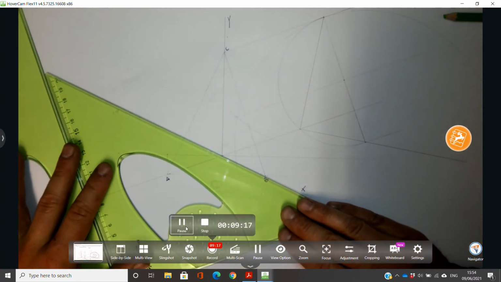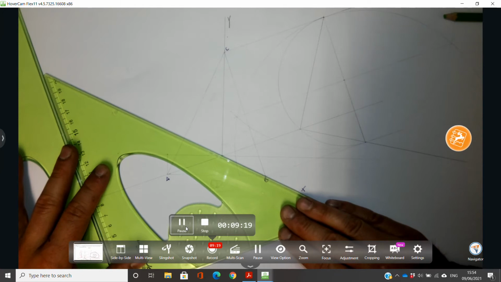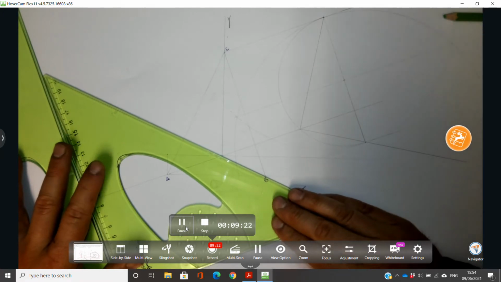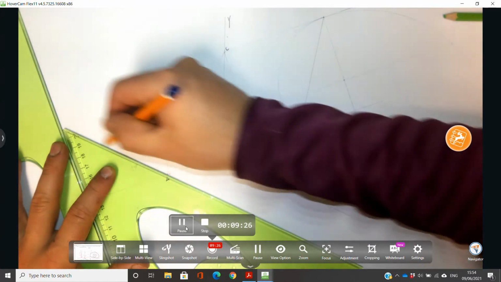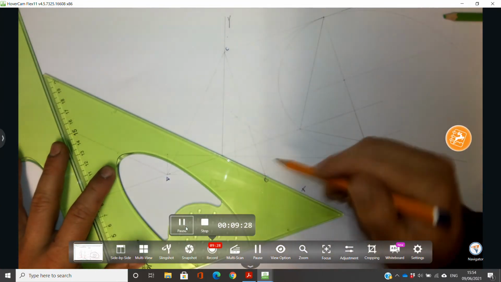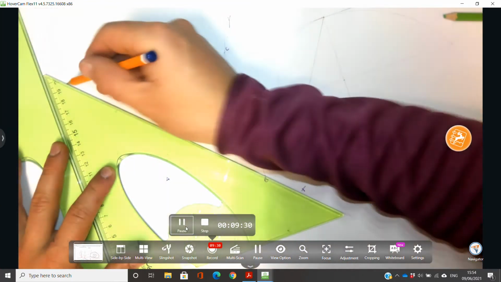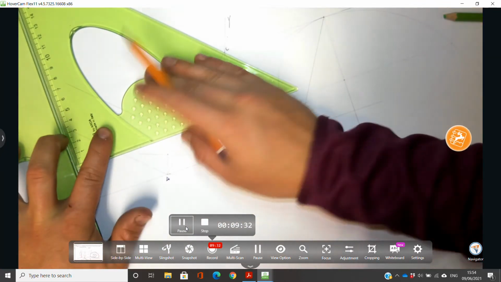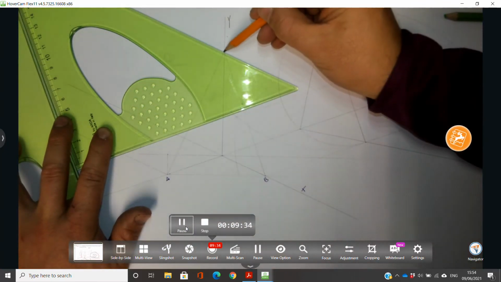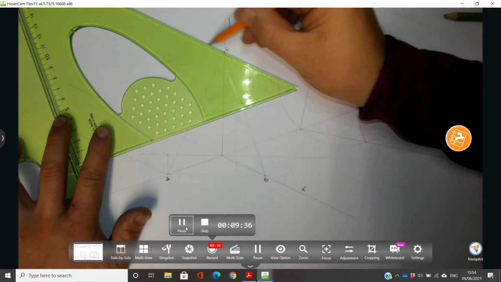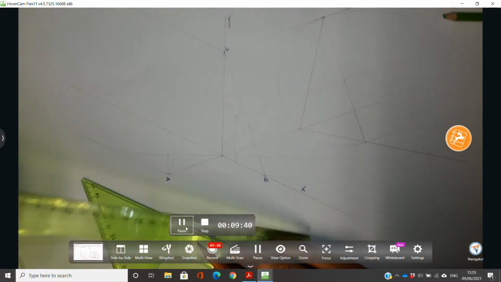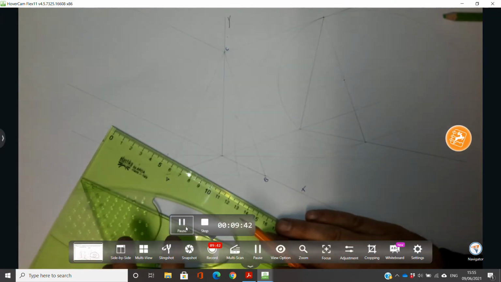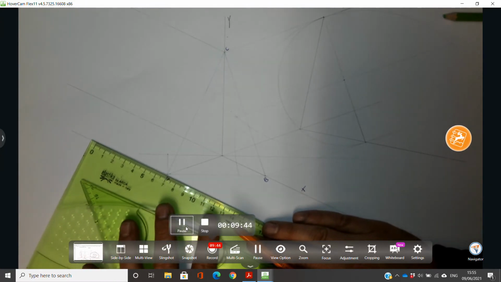So same principle again. So I'm going to draw lines parallel to the x-axis from A and B, C. Now measure about 70 out in it, about that.